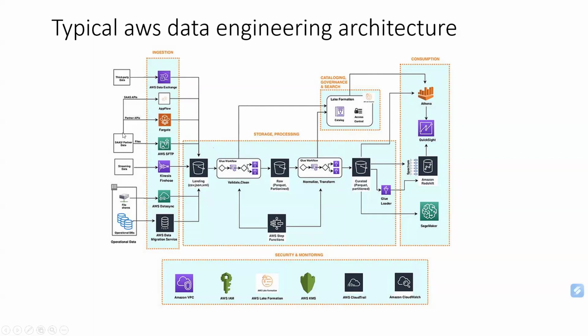SaaS partner data: you could be getting data from the APIs of a SaaS application which your organization uses heavily. And you see each block, each item here is a typical AWS resource that is responsible for interacting with the different data sources.